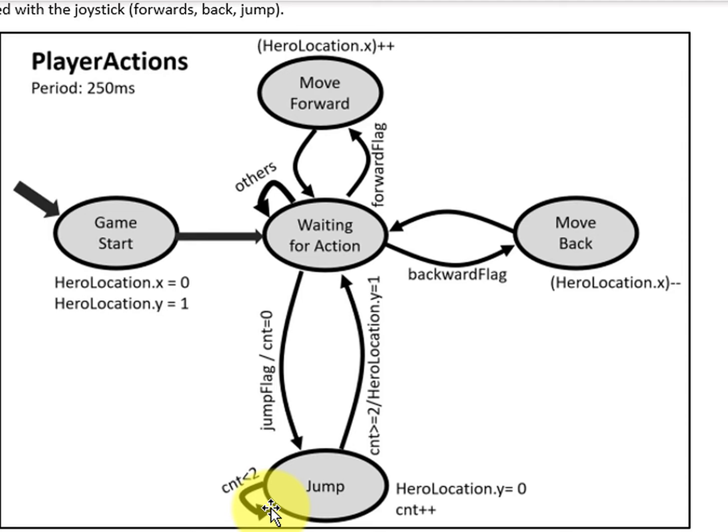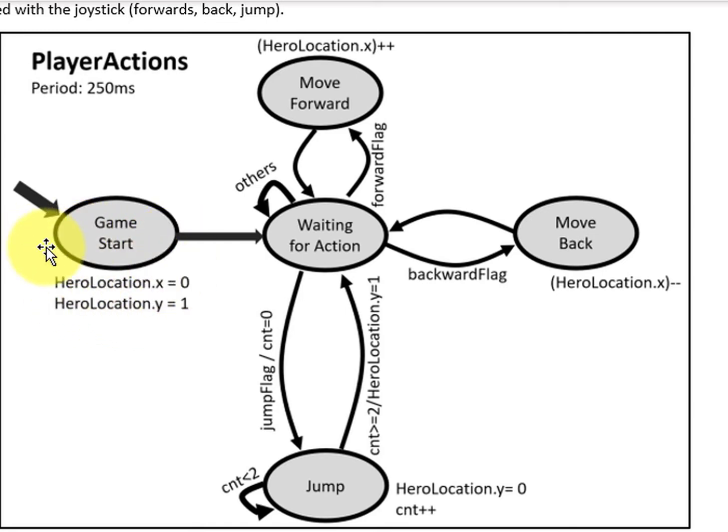We're not worried about the LCD screen just yet. Let's take a look at the state machine and get a sense of what's going on. The big thing that it's handling is keeping track of where our hero, that little drawing of the character, should be displayed on the screen. X0, Y1 is the bottom left-hand corner.